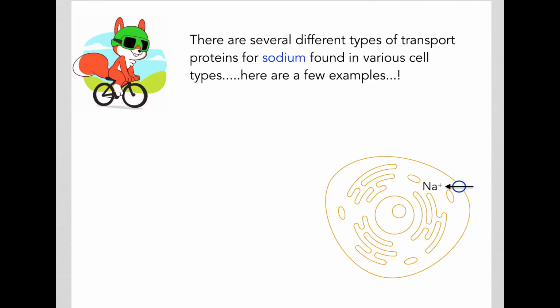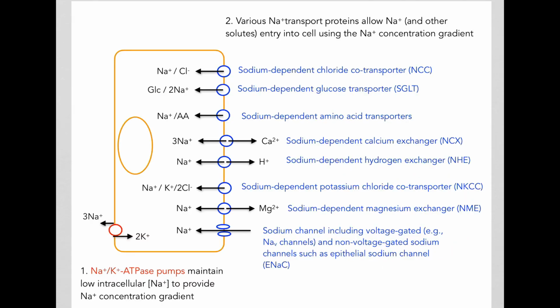There are many different types of transport proteins for sodium that are found in the various cell types. So let's look at a few examples. One of the most important proteins involved in sodium transport, of course, is the sodium-potassium ATPase pump.